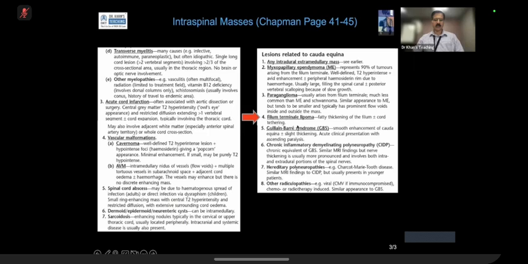Please remember that lipoma of the filum terminale is a common normal variant. It might not cause cord tethering, it might not cause symptoms. But when it causes symptoms, the patient can be extremely symptomatic.